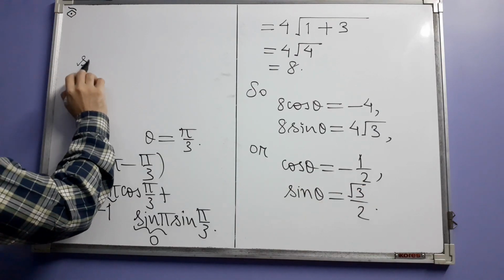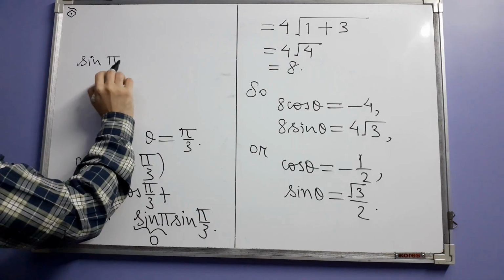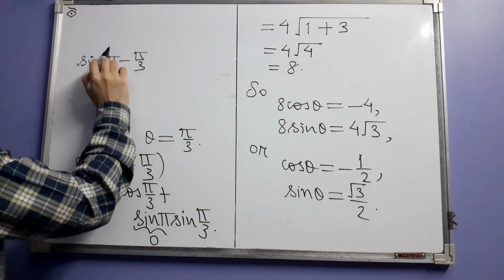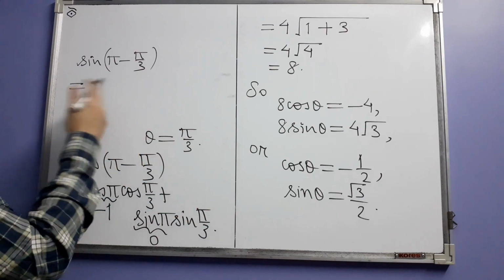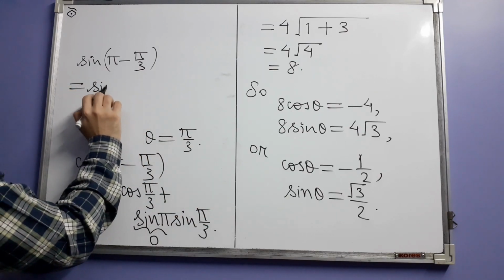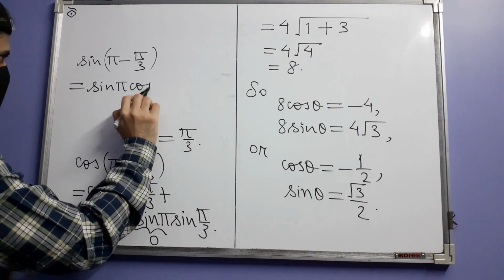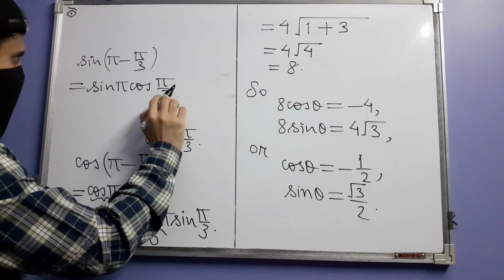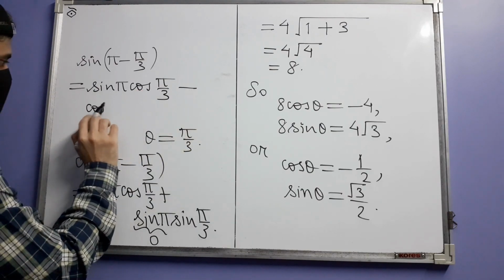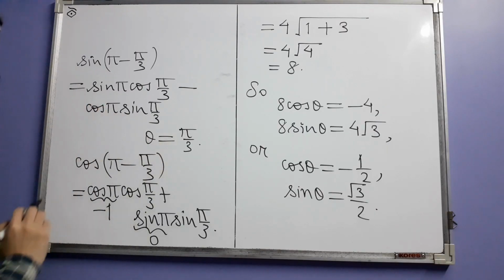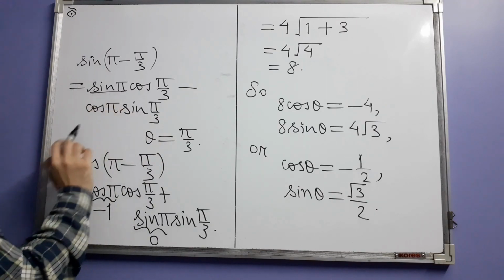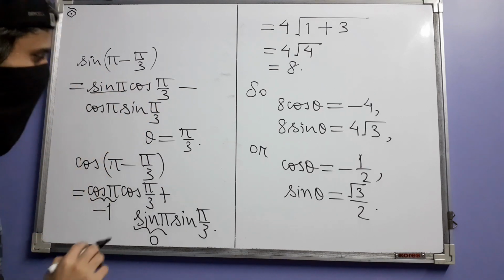What will happen if I calculate the sin? You may already know that this is sin pi over 3, but still let me just apply the formula. Sin pi cos pi over 3 minus cos pi sin pi over 3. This part is 0, so the first term vanishes.